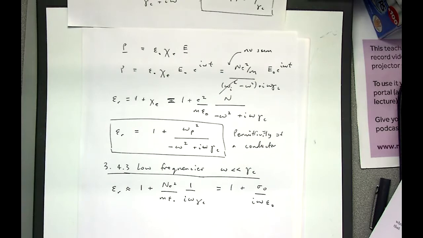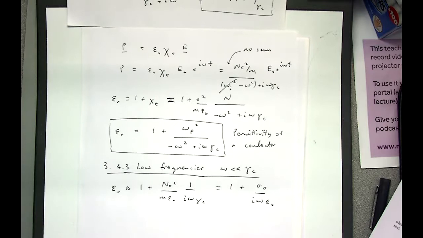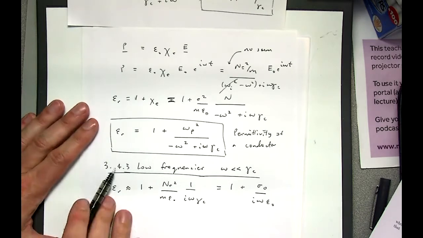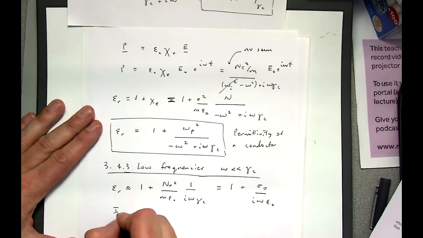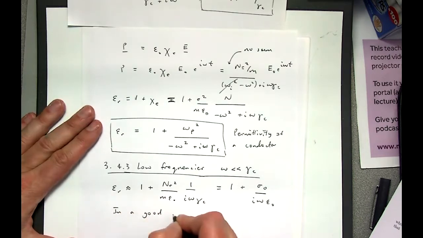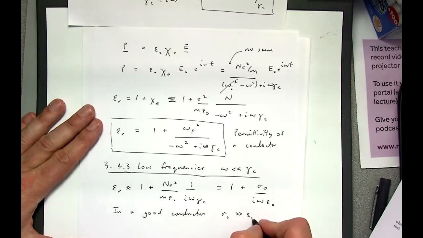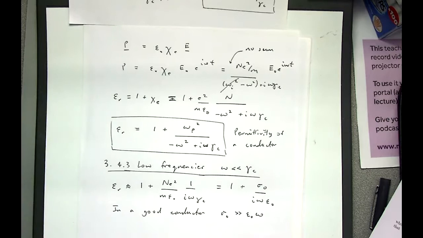So at low frequencies, which means low compared to the collision frequency, we also now need to look at the relationship between the conductivity and the frequency again. So it depends what kind of conductor. So at low frequencies and in a good conductor, where sigma is much bigger than epsilon naught omega. Okay, that's similar to what we saw before, wasn't it?